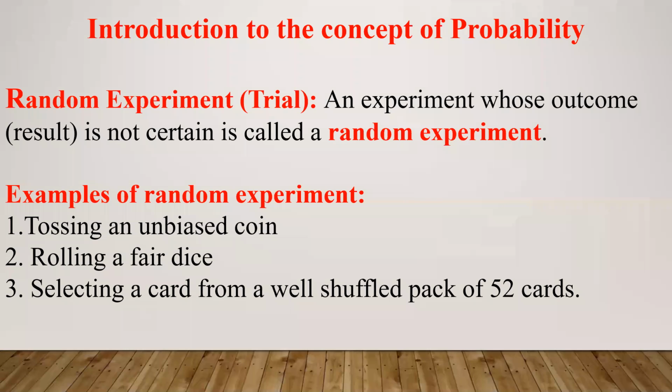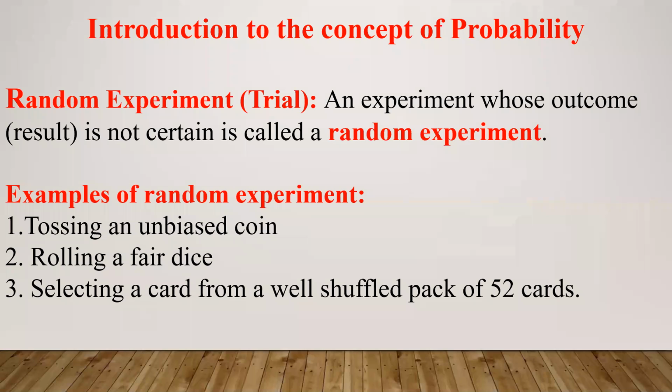Everybody will tell me that when they heated it, the water started boiling and converting into steam, or gaseous form, from liquid to gas form. So this type of experiment whose result is fixed is called a scientific experiment.